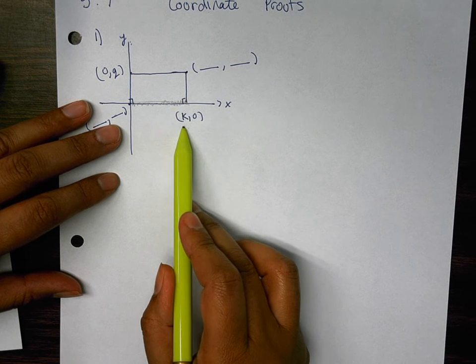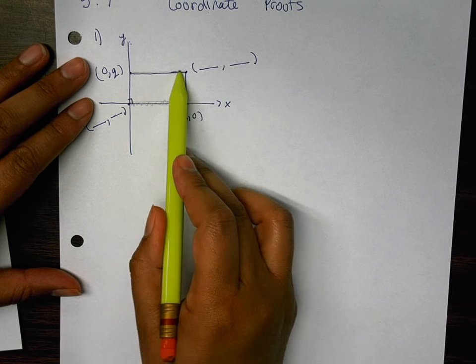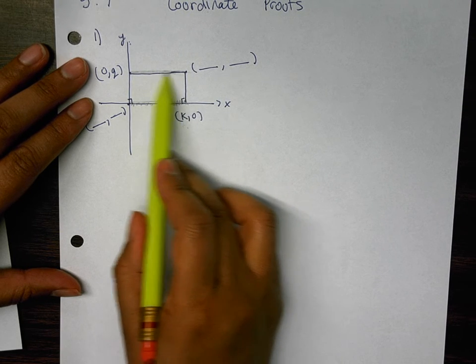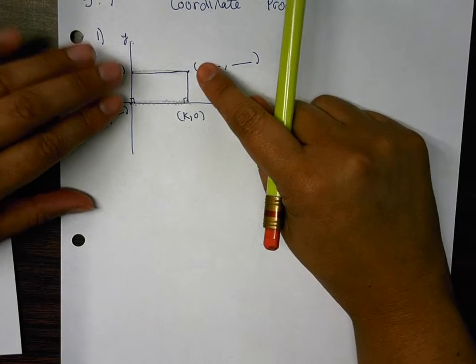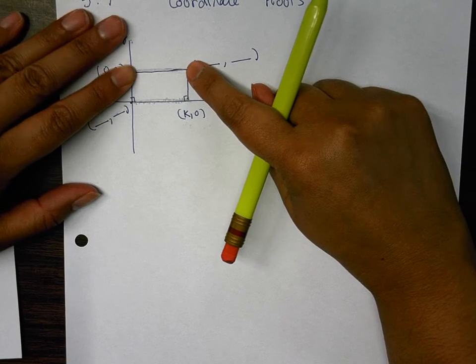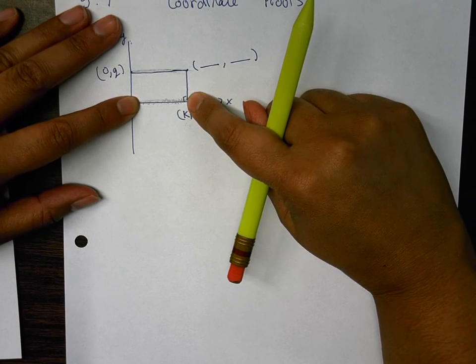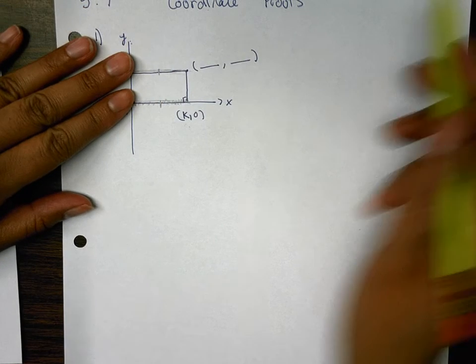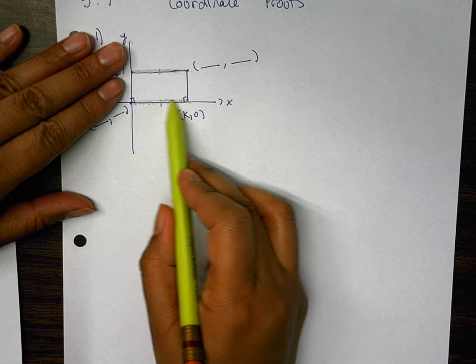I didn't go up or down. K units. So what's the length of this top segment up here? Is it also going to be K? The length, not the height, the length from here to here. Is it going to be the same as this length right here because they are congruent? Yes. So K and K.